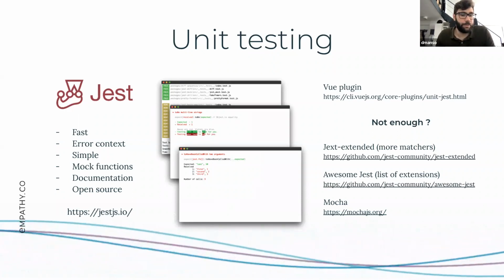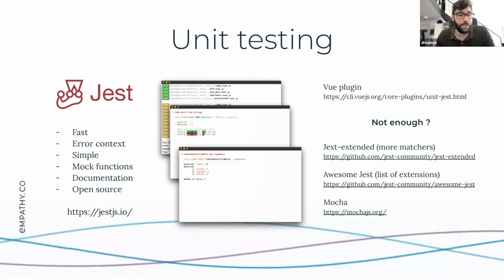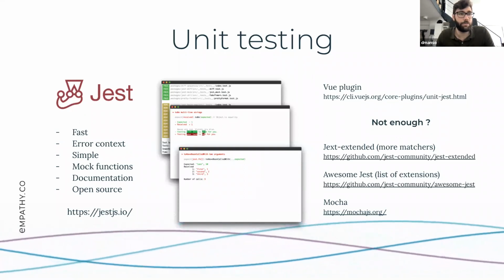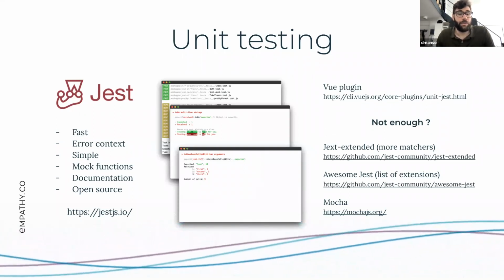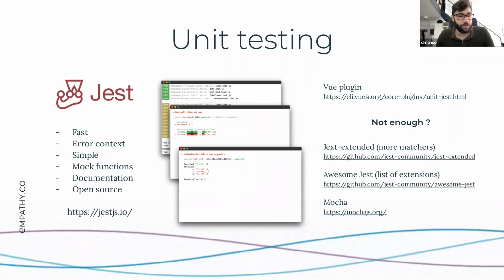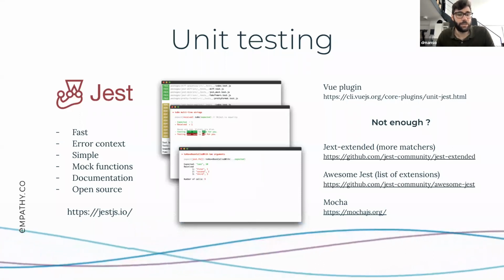Okay, it's simple. So the learning curve is soft, and the API, provided with very powerful features, makes unit testing really easy. You need to check that values meet certain conditions. So the expect method gives you access to lots of matchers that let you validate different things.